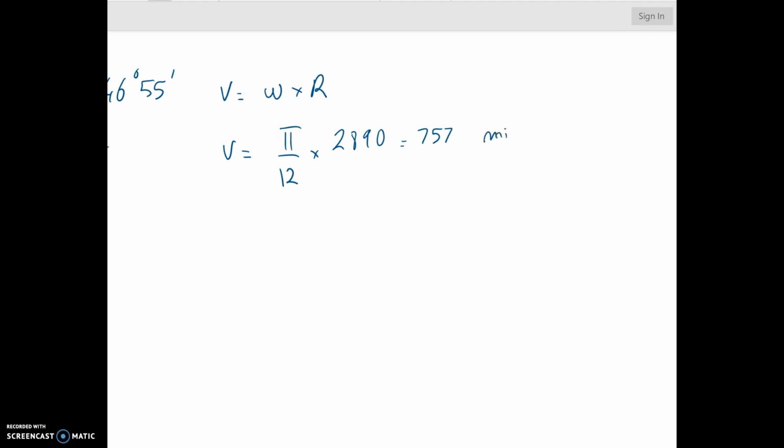So we certainly can say that the people on the equator have a linear speed bigger than the people who are not on the equator.